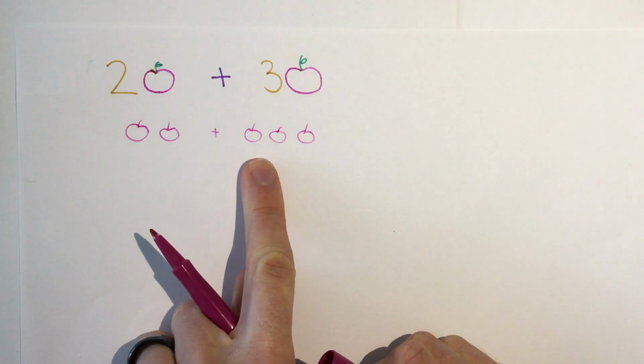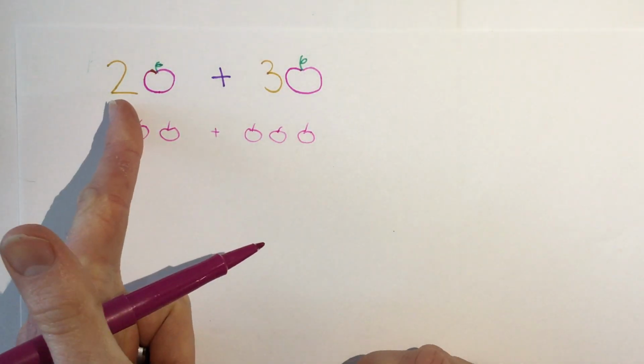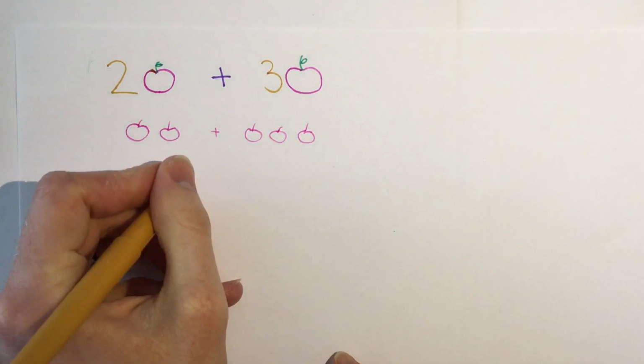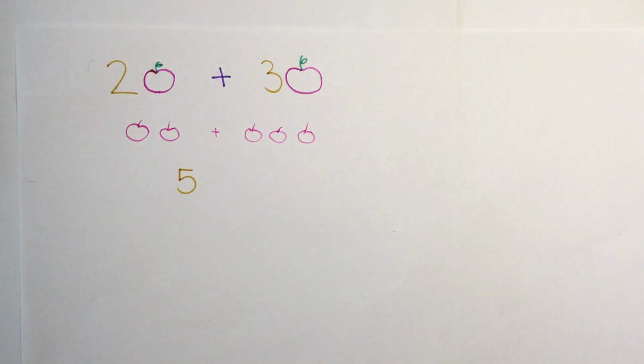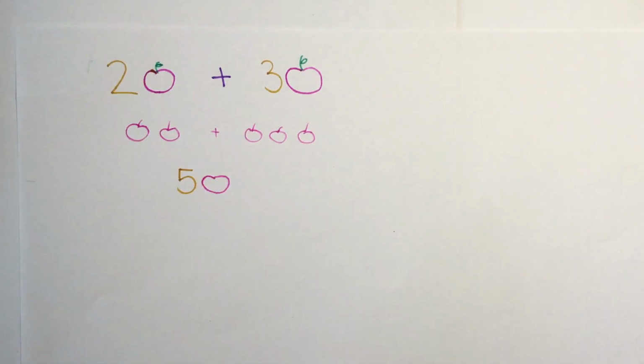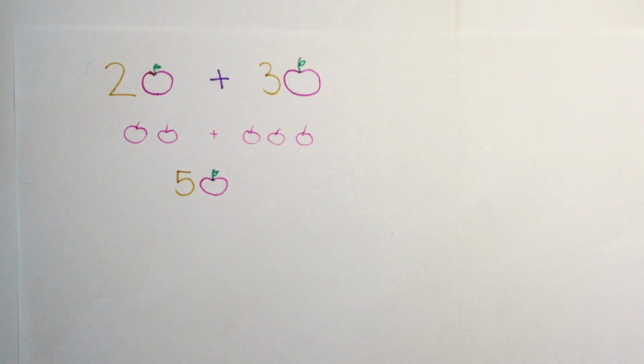If we count them all up, adding them together, we of course have 5 apples. And notice that 2 plus 3 is 5 apples. So we have 5 full apples here. 2 apples plus 3 apples is 5 apples.